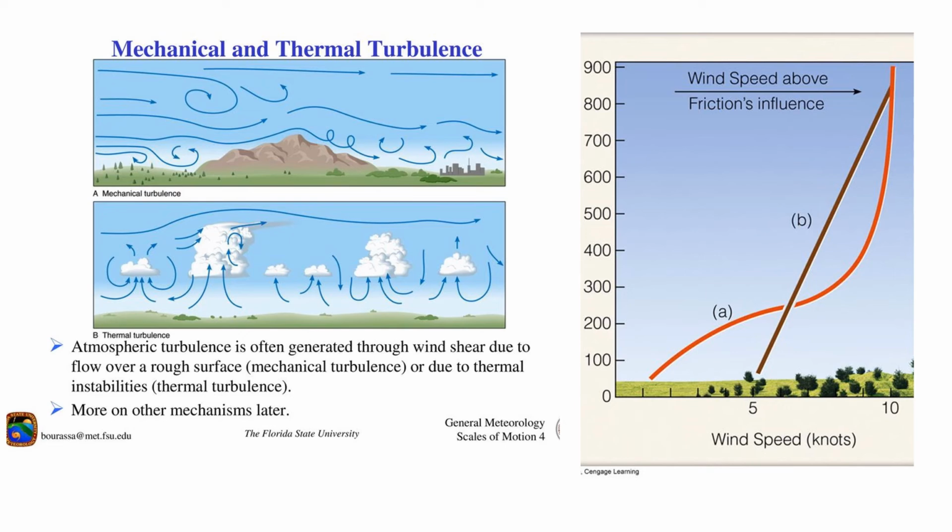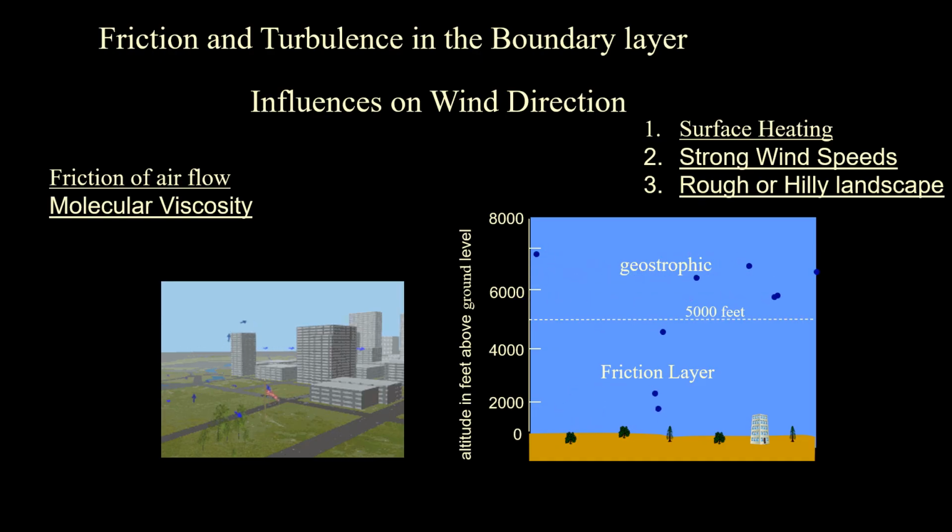So, in summary, we can say friction of airflow, in other words viscosity, is a result of the exchange of air molecules moving at different speeds. The exchange brought about by random molecular motion we call molecular viscosity.